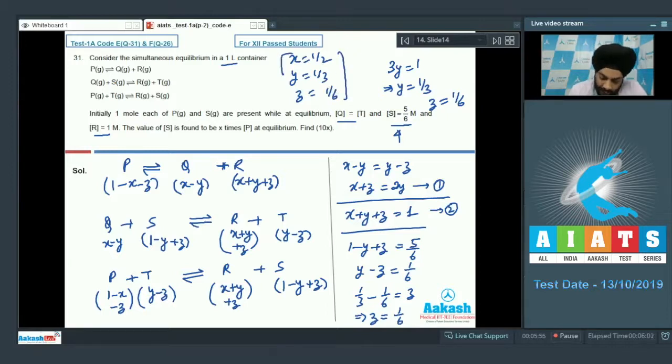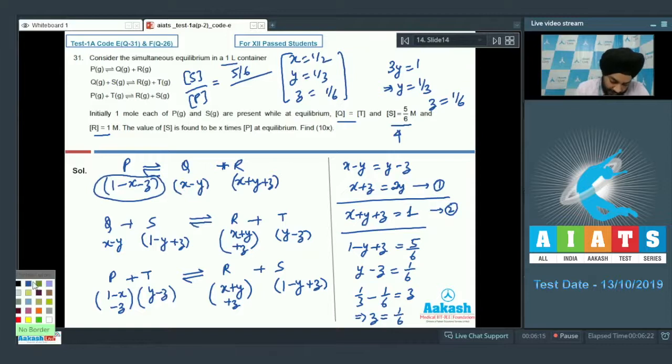So we have to comment on the ratio of the concentration of S to that of P. The concentration of S has been given to us directly. It is equal to 5 by 6. The concentration of P will be given by 1 minus X minus Z, which has to be equal to Y, since the sum of X plus Y plus Z is equal to 1.